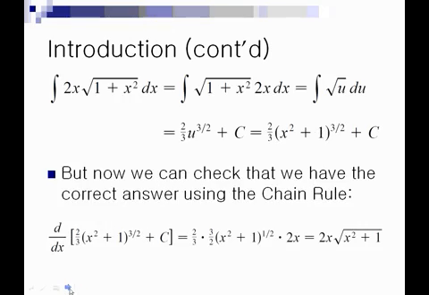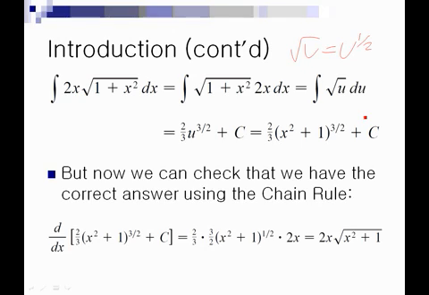So, therefore, you can do the integration. The square root of u is u to the 1/2. So you divide by 3/2, thereby giving you 2/3 u to 3/2 plus c. And voila, you got it.